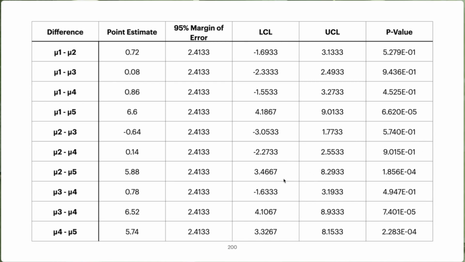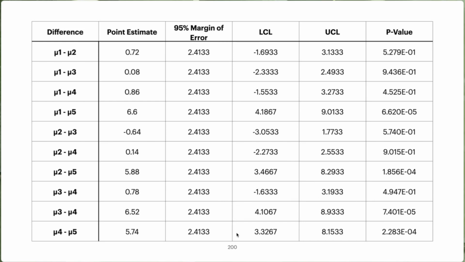Next, we look at this row. You can see that this interval does not include 0, and corresponding to that, this p-value is less than or equal to 0.05. The next row has a confidence interval that does include 0, and this p-value is 0.4947. So that's not less than or equal to 0.05, which is our significance level.